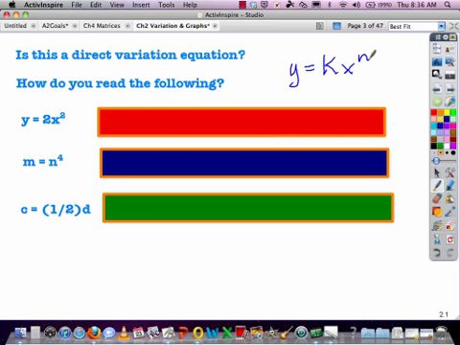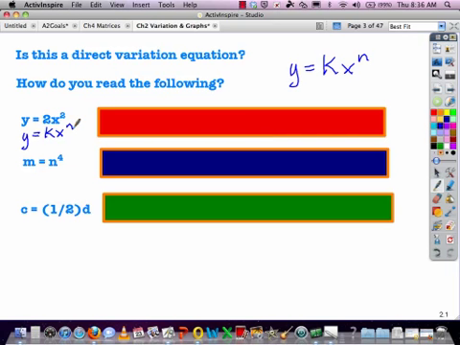And if they have differences, are those differences so great that it would not allow, by definition, the equations to be called direct? So the first one, y equals 2x squared. When we look at it, it matches almost exactly. Y equals kx to the n. The only difference is k is now 2 and n is also 2.